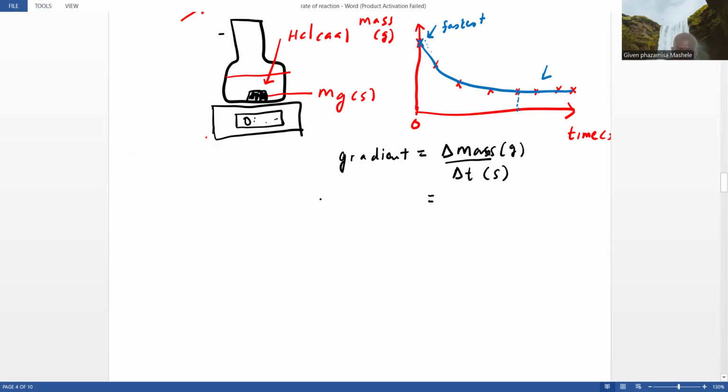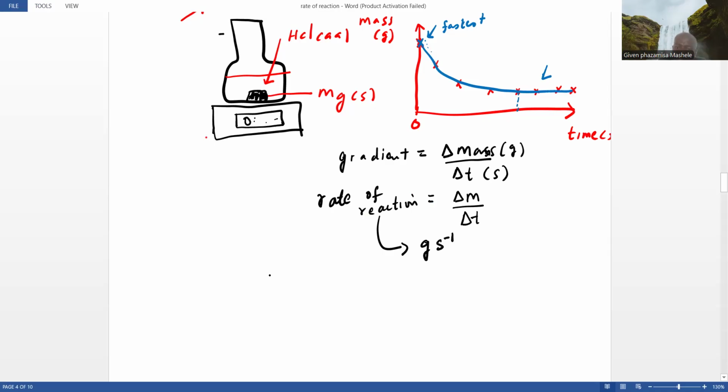So this is the average rate of reaction. We can determine the rate of reaction by looking at the changes in mass over the changes in time, which means we can measure it in grams per second. So you see that it's another method that we can use to measure the rate of reaction.